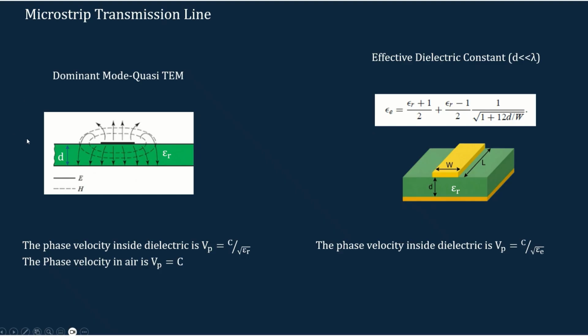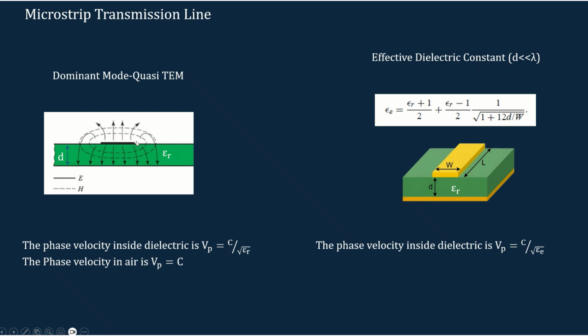As the wave is propagating both in air and in the dielectric, it will not support pure TEM mode, and we call this propagation Quasi TEM mode. The solid lines represent the electric field, and the magnetic field forms loops around these traces. The dotted line represents the magnetic field.